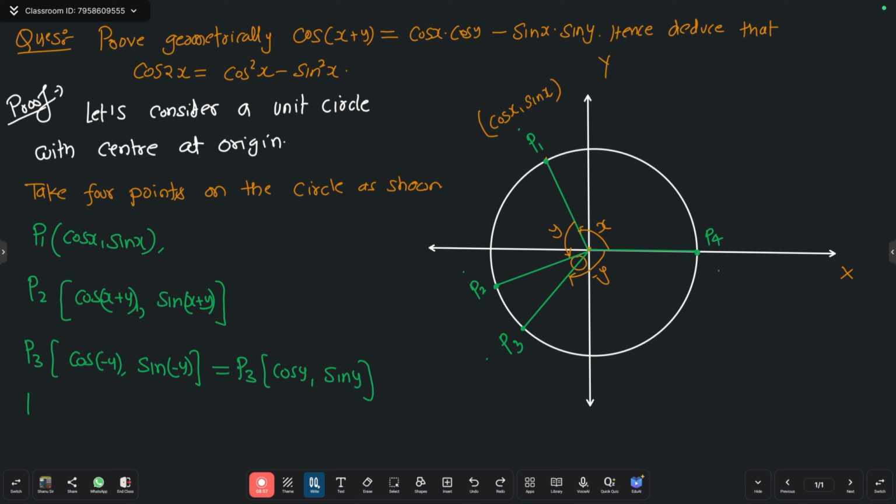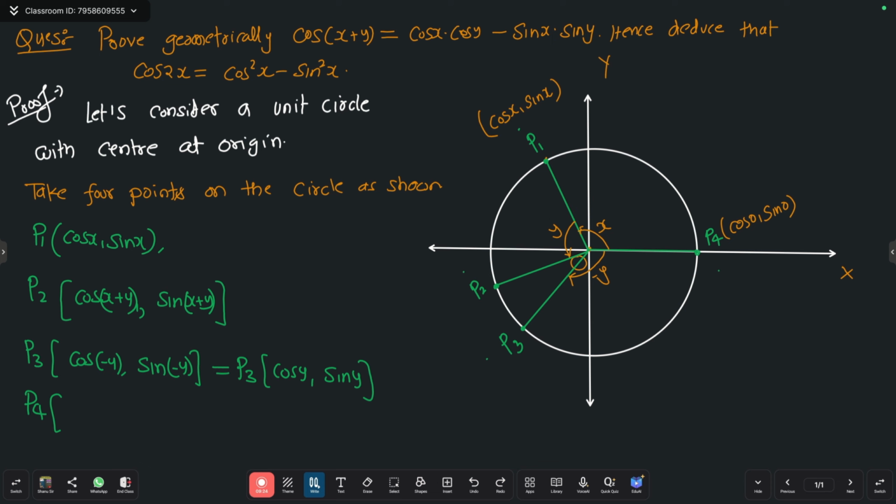Okay. Now the coordinate of P4 point. This OP4 line, O is the origin here and this is P4. So OP4, how much angle is it making with the x-axis? OP4 is itself part of the x-axis. So any line with itself makes 0 degree angle. So the coordinate of P4 will be cos 0 comma sin 0.